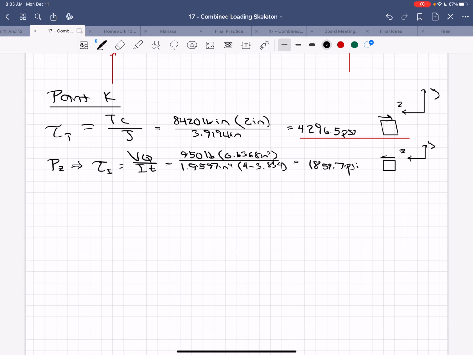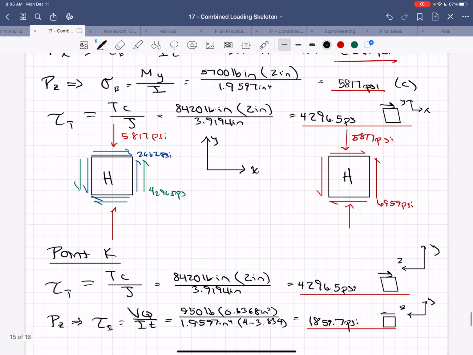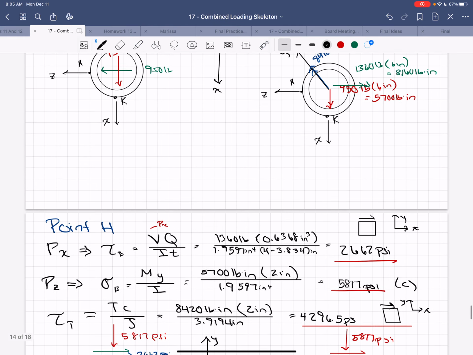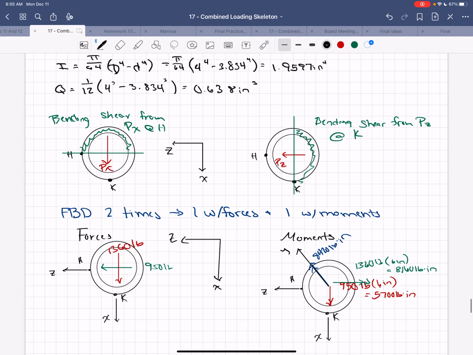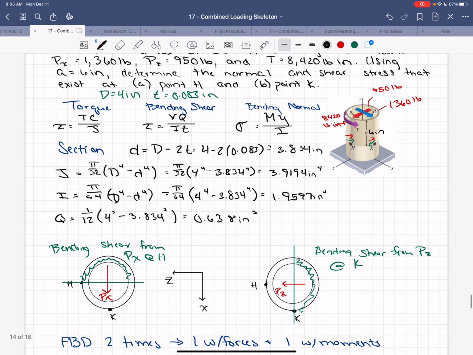Okay, so then we have a bending moment. Bending normal stress. That's going to come from PX. We'll go way back up here.